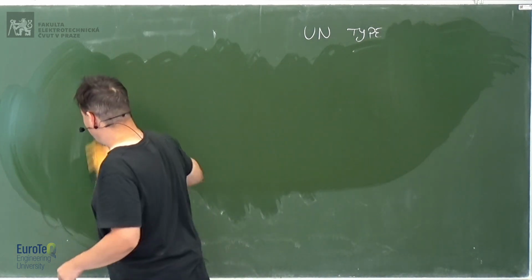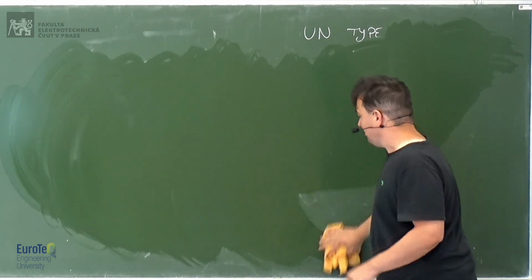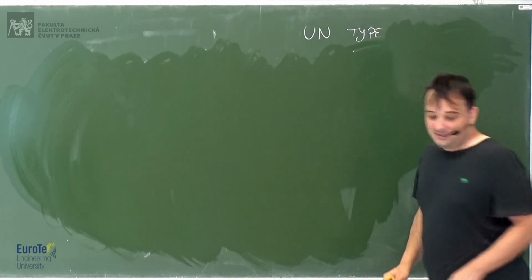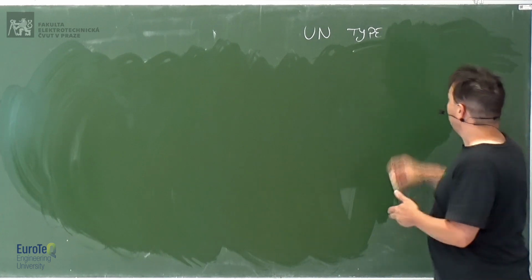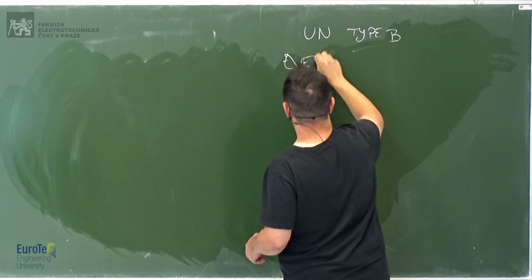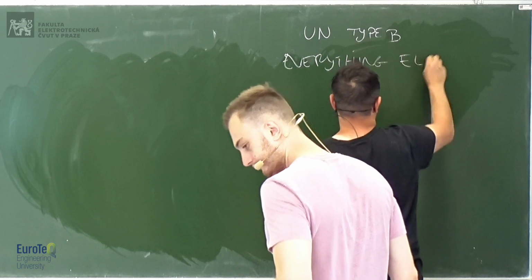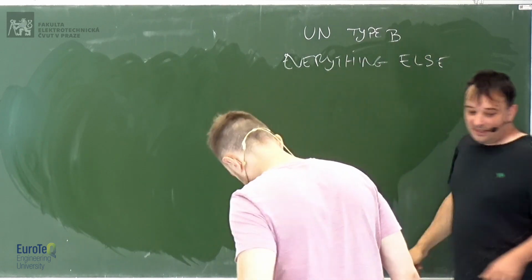And they say, okay, type A is because of the variation that you see in time, and type B, it's simple, is everything else. Everything else is type B.